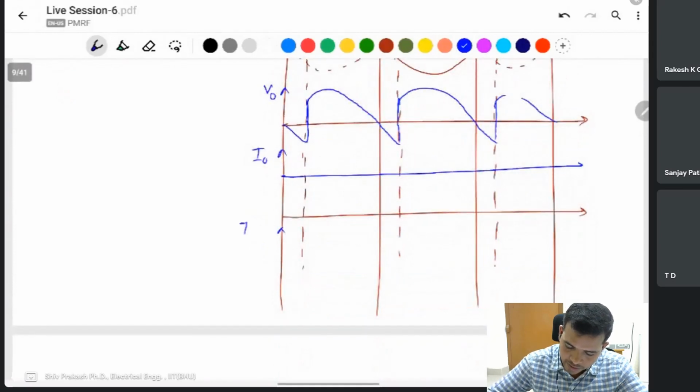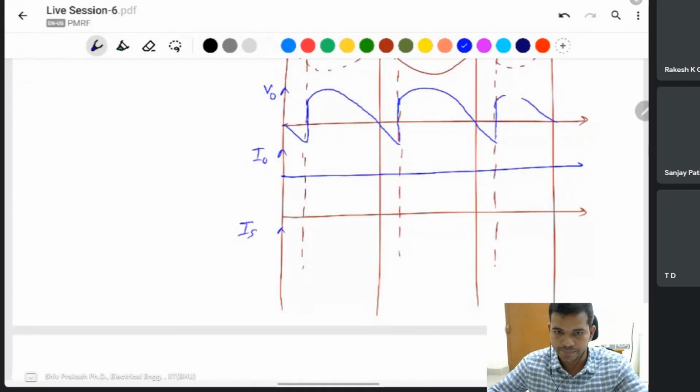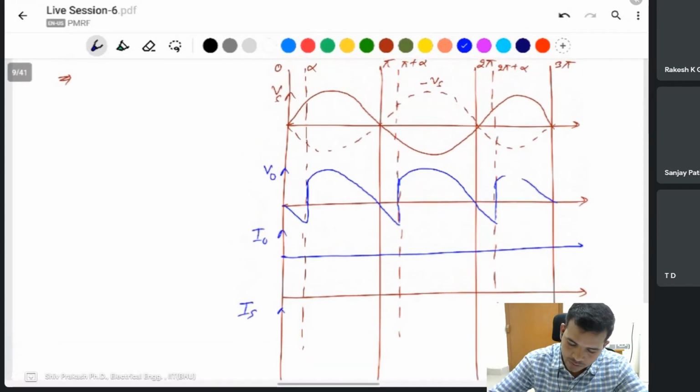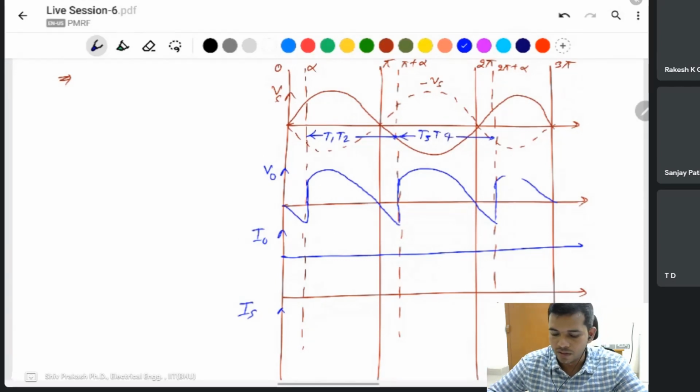Not the input current. T1, T2 will turn on from here to here, and T3, T4 will turn on from here to here.